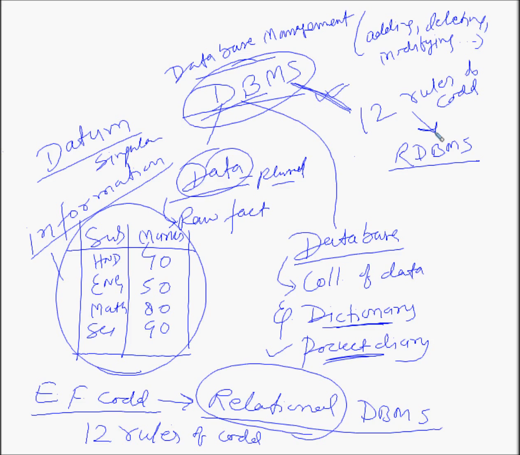Okay. Now next we have to understand what are the products in the market. I mean, what are the RDBMS we are having? So I just list out here now. RDBMS available.